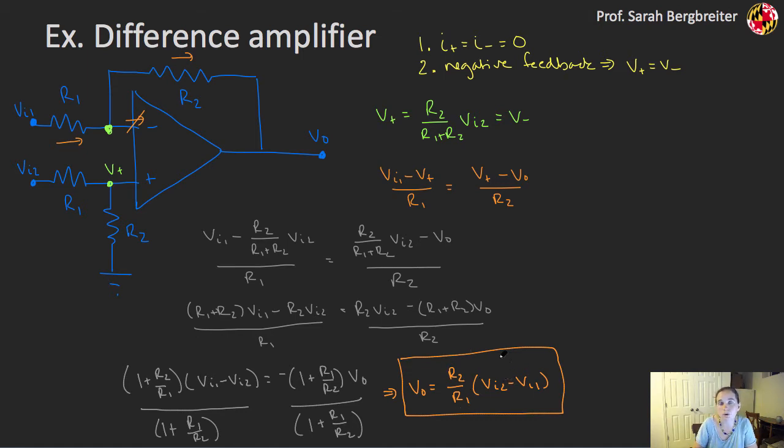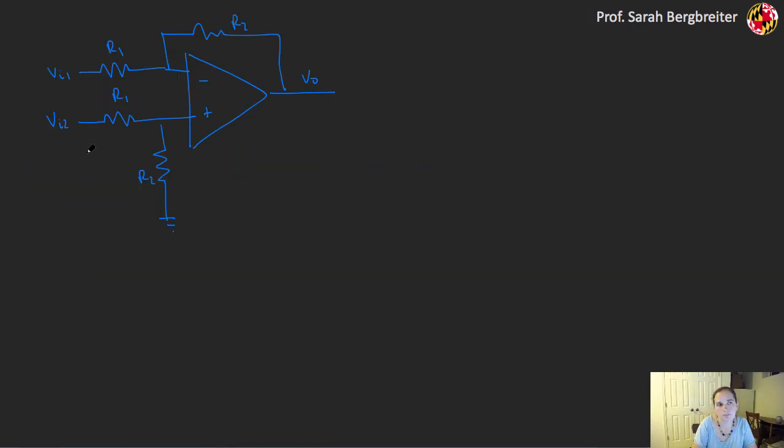And this is a great way to potentially measure a sensor with reference to some known value. So if I'm trying to measure a temperature, for example, and I have a known temperature that I'm measuring with respect to, right, this would be a great circuit in which I could do that. Of course, this isn't a perfect circuit, right?